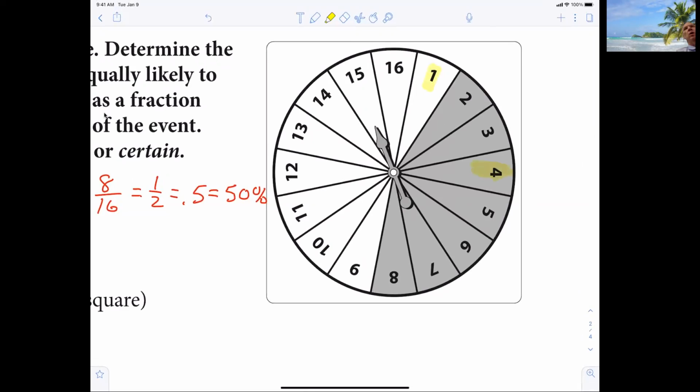Cole, tell me. 9. Why, Cole? You're 100% right. Why is 9 a perfect square? Luca, tell him. Because it's 3 times 3. Is there another one, Tyler? Yeah, 16. Why? 4 times 4 is 16.